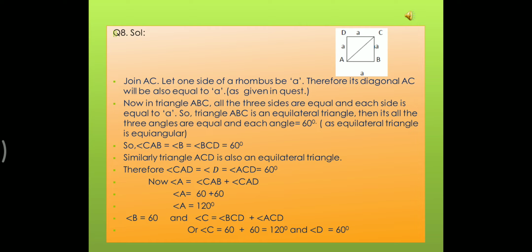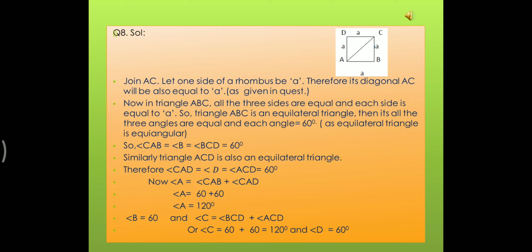Now we have to find the value of angle A. Angle A is divided into two angles, angle CAB and angle CAD. When we will add up these two angles, we will get complete A.